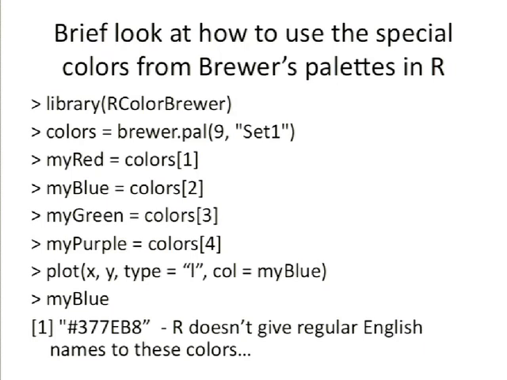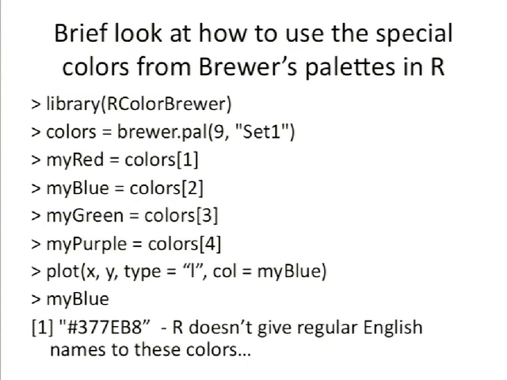It's a weird looking name. It doesn't have a nice name in English. For those of you who are computer savvy, this is a hexadecimal representation of the color. This is red, green, and blue in base 16. For those of you who don't have a clue what I'm talking about, don't worry about it. It's just the name of the color.